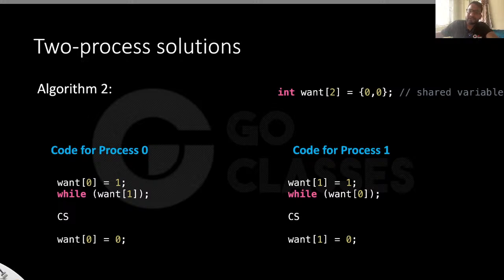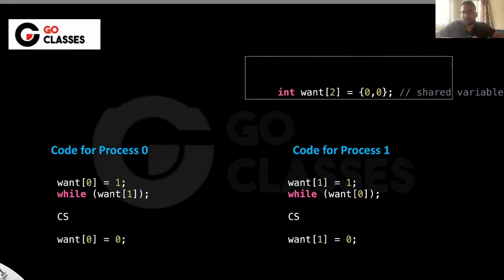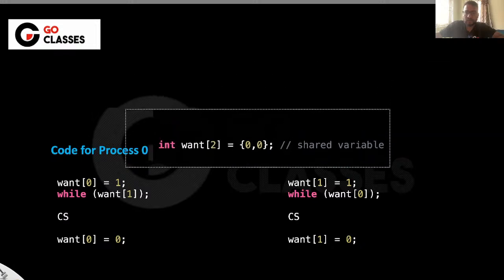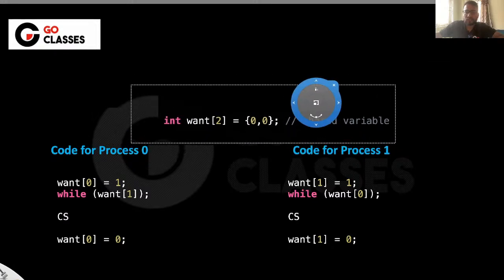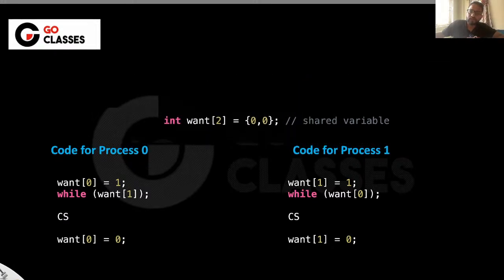Okay, let's see this question. It is also a two process solution, and we want to check whether progress is satisfied, whether bounded waiting is satisfied, and so on. Let's suppose that want is a variable which is initially 0 and 0. Tell me if mutual exclusion is satisfied.